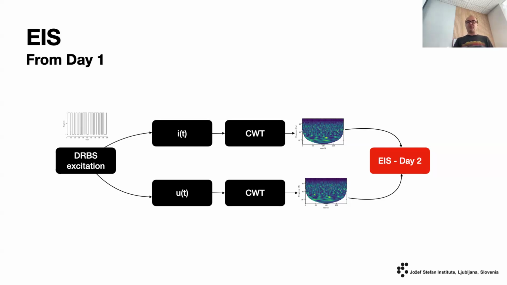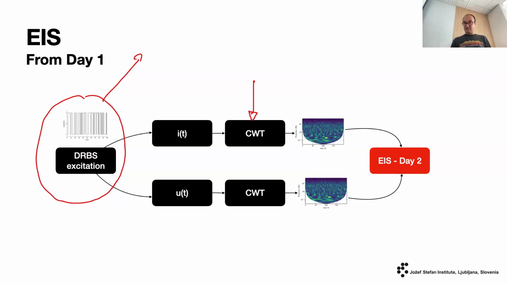Where we were yesterday, I said that we have a stochastic excitation, which I'm going to show you today how we generate. We either put this excitation to the current or to the voltage, depending on whether we are doing potentiostatic or galvanostatic excitation. We do some time-frequency analysis, which we're going to analyze today, and these are the results.